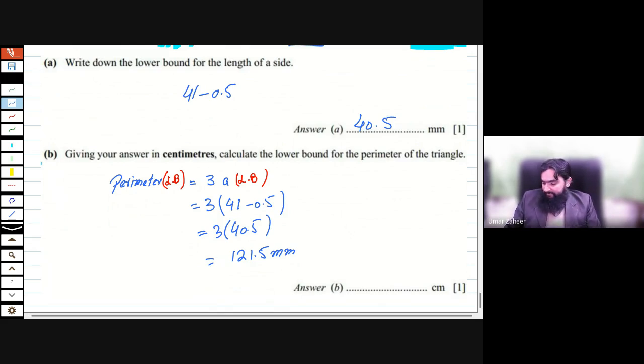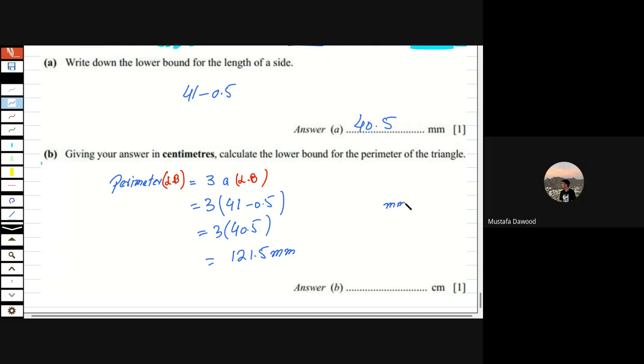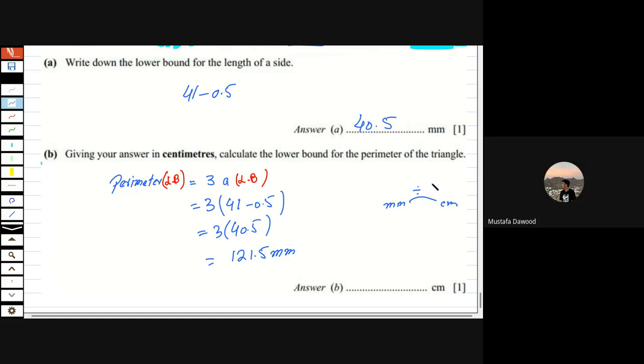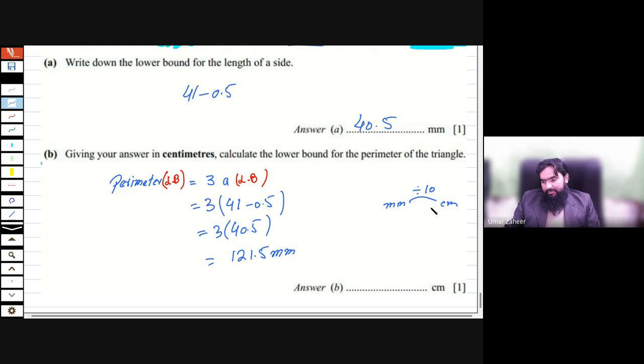How can you convert it? You have to divide by 10, because millimeter is a small unit and centimeter is a larger unit. When you are moving from a smaller unit to a larger one, you have to divide, and when you are moving from a larger to a smaller one, you have to multiply.